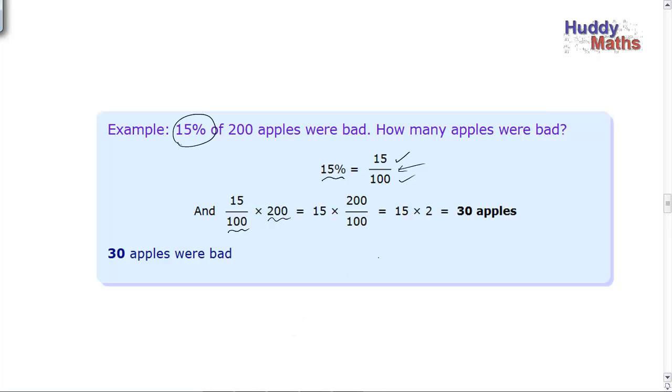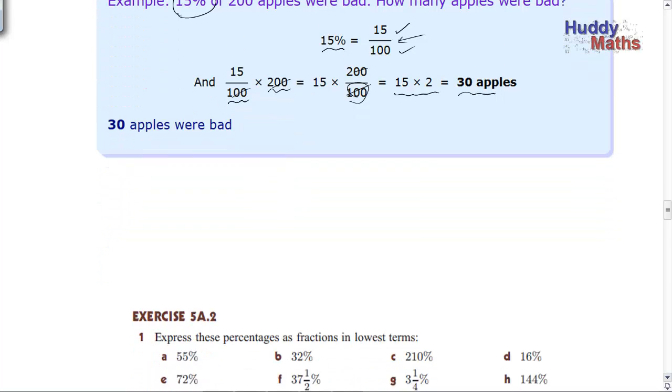So 15% of 200 would be 30 apples. Notice here we can cancel the noughts and get 15 times 2. They've put the 100 underneath that one so that you can see quite clearly how to cancel. 30 apples were bad. So you can see it's quite a good way of speaking about things in general now.